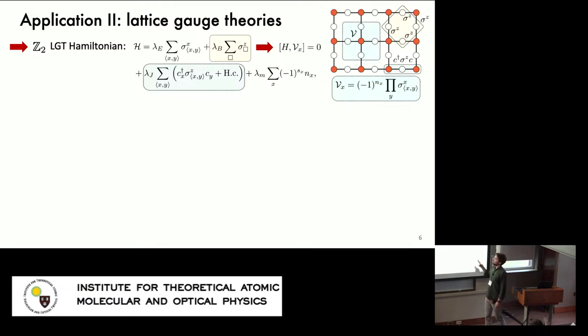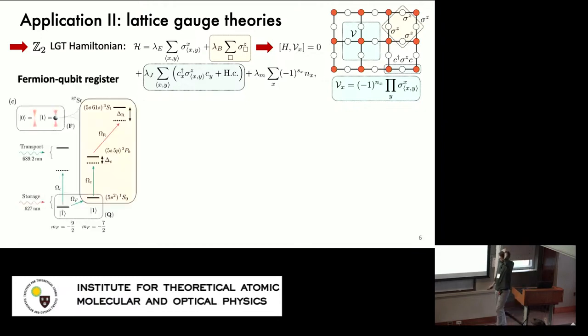You can convince yourself that this operator for every vertex commutes with the Hamiltonian. So there's an extensive number of symmetries, and that's what makes this a gauge theory, and part of the reason why it becomes complicated to simulate, plus it having fermionic matter and so on.